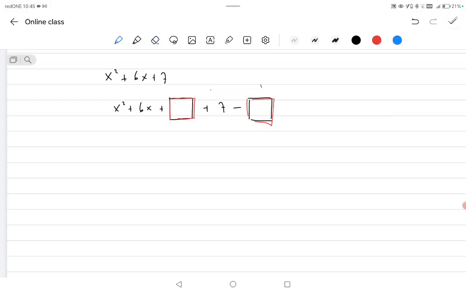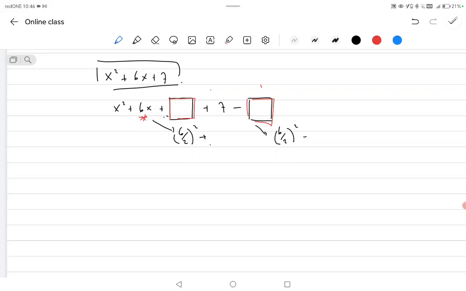It depends on this one. Here it is 6 over 2 squared, and similarly here we also put 6 over 2 squared, so that the plus here and the minus here still give the same value.